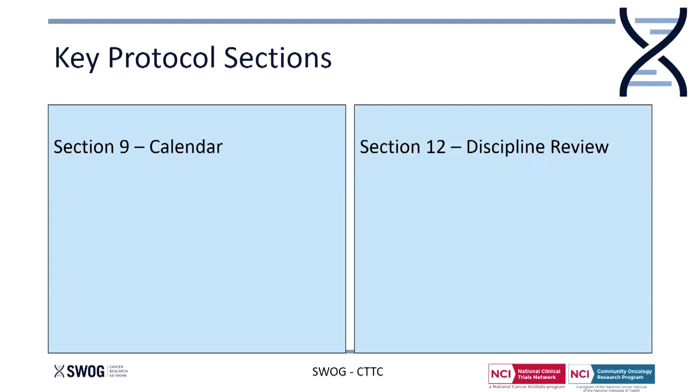And a lot of times those data are submitted to a different place and in a different way than your routine data submission in RAVE. So when you have that information in section 12, it's really critical to pay attention to that because it's not the run of the mill.